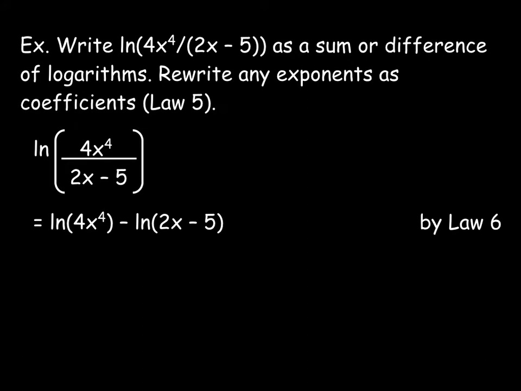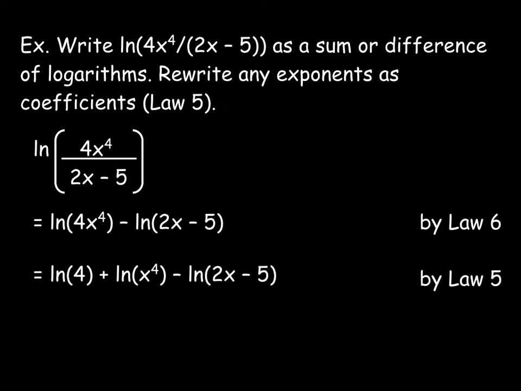We get the natural log of 4x to the fourth minus the natural log of 2x minus 5. We then apply law number 5 to the product 4 times x to the fourth, and we get the natural log of 4 plus the natural log of x to the fourth minus the natural log of 2x minus 5.